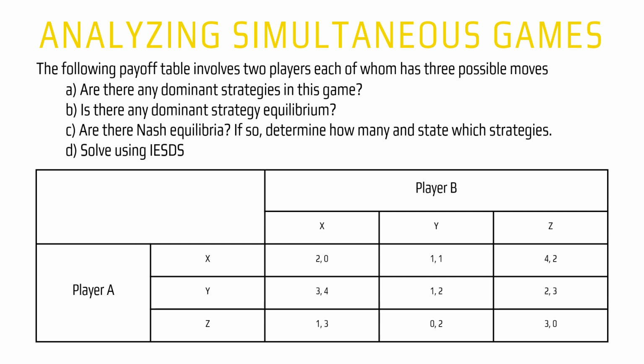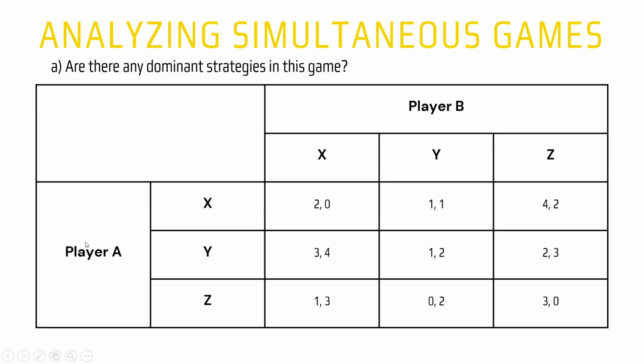So let's first focus on the first question. Are there any dominant strategies in this game? As we have defined earlier, a dominant strategy is any strategy with payoffs no worse than those of at least one other strategy, regardless of the choice of the other player.